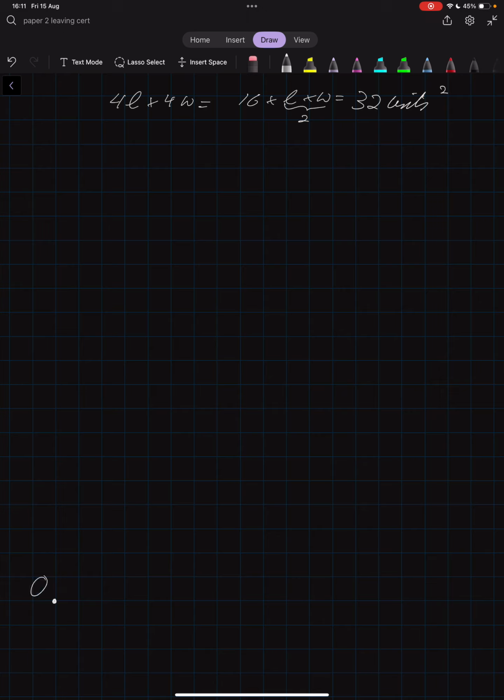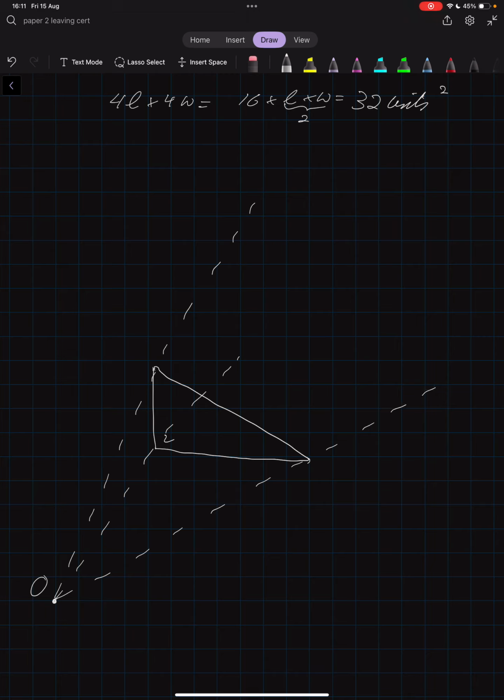your origin of enlargement. You have one triangle here, where this is a right angle. You have a bigger triangle here. So let's say we go from here.